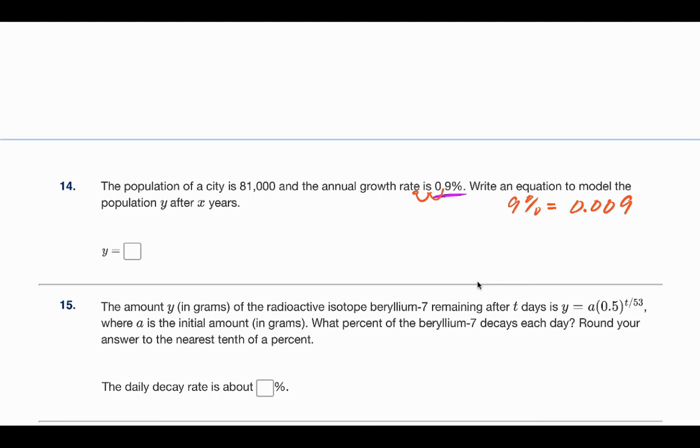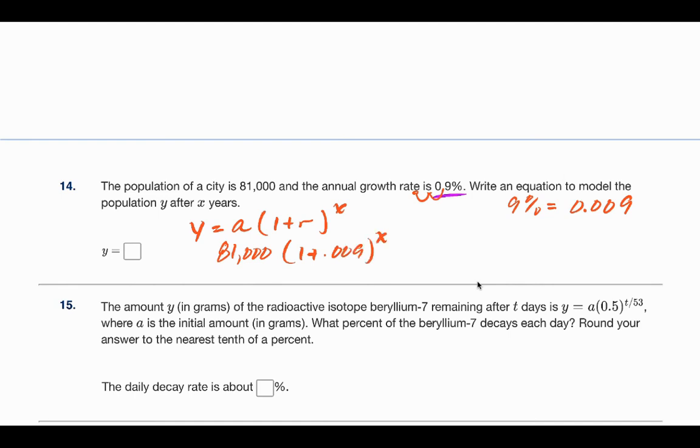So remember, our equation was y is equal to a, which was our initial amount, times 1 plus or minus r. In this case, it's a plus r, raised to the x power. Well, our initial amount is 81,000. And then we have 1 plus 0.009.